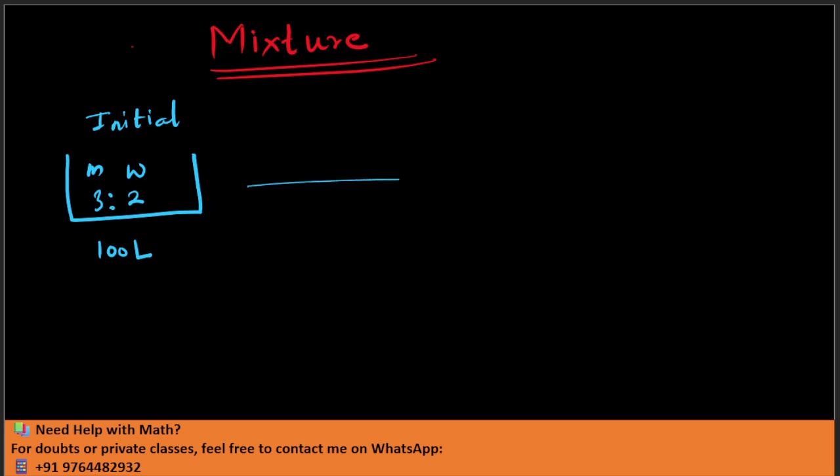We are going to do some mathematical process on the initial solution and we get the final mixture. And here also we will have a ratio of milk and water.